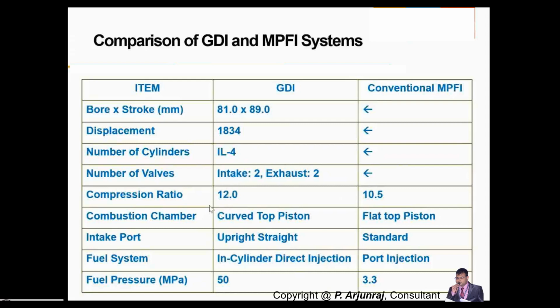But at the same time, there is some limitation in the case of a gasoline engine, where you cannot increase the compression ratio beyond 11.5. Between 10.5 to 11.5 is okay. But if you still want to increase it, you get a problem of knocking, because you get the pressure overshoot in a lesser time.